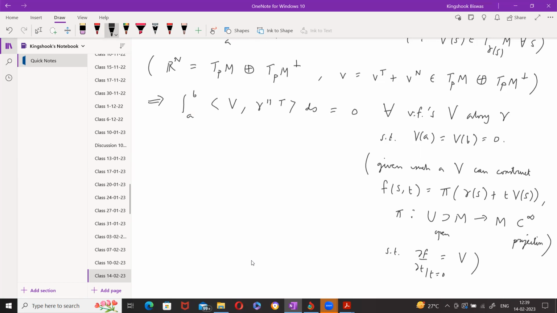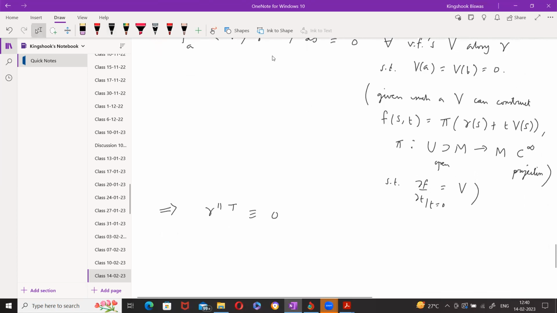And then you apply this argument, and you finally get that the integral of the inner product of V with the tangential component of gamma double prime is 0. So since this is true for all V, a standard argument will tell you then that gamma double prime tangential component is identically 0. Okay. And this last equation, this is the geodesic equation. This is the geodesic equation.